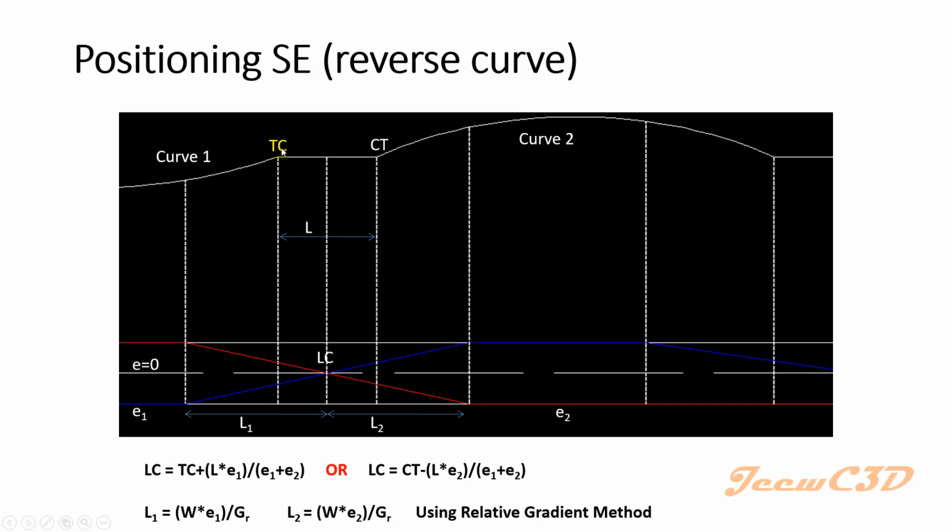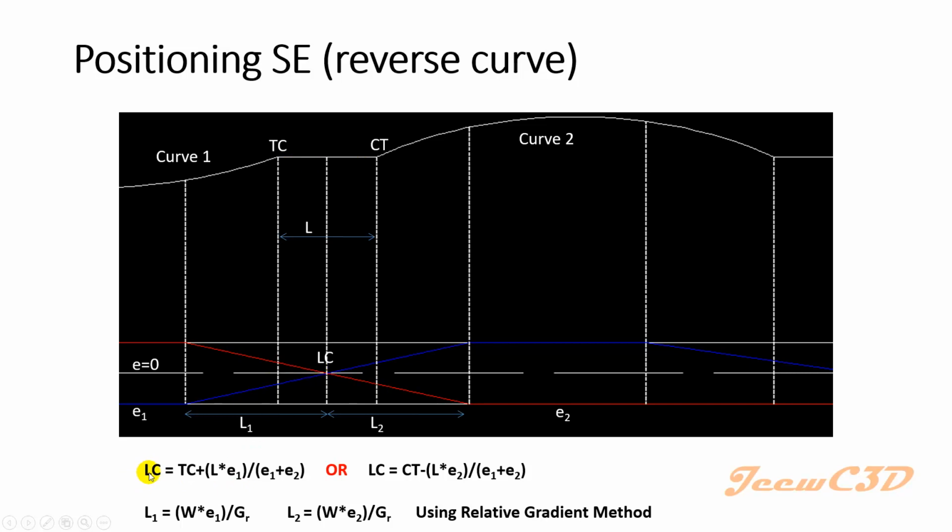This L is the same as this short tangent length. E1 means the superelevation of this curve. E2 means the superelevation of this curve. So we will proportionately distribute the superelevation throughout this length. That is how to get this LC point.